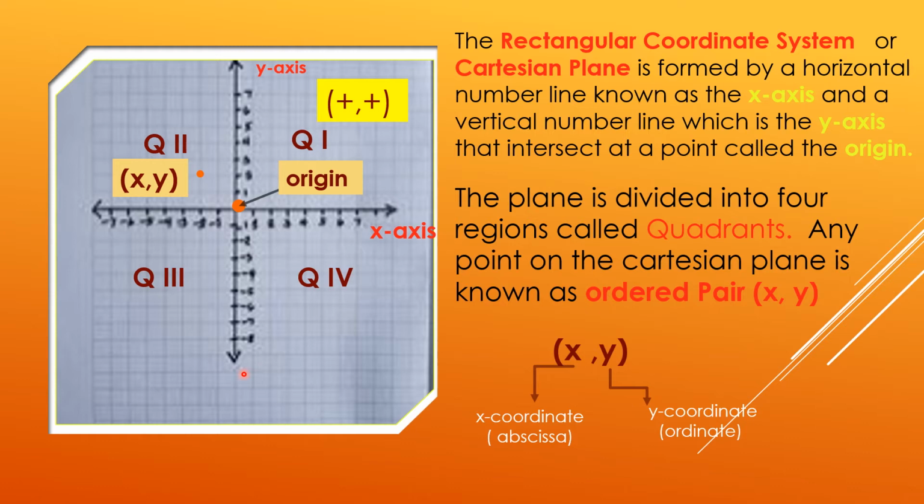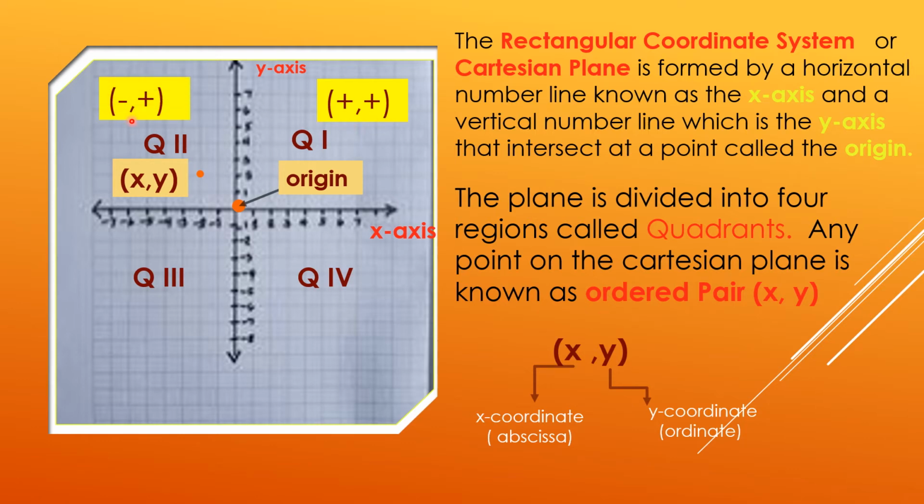And now, the sign of the ordered pair in the first quadrant is both positive. X is positive, y is positive, which means the abscissa and the ordinate.